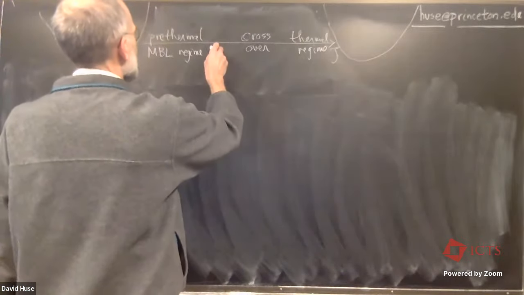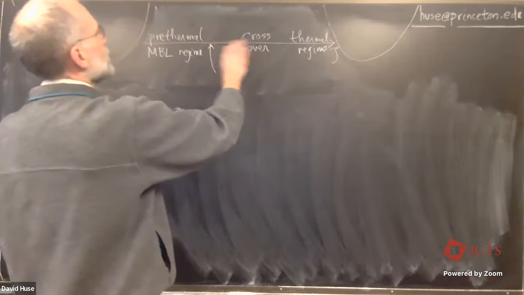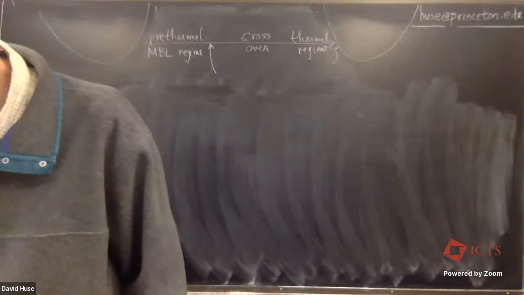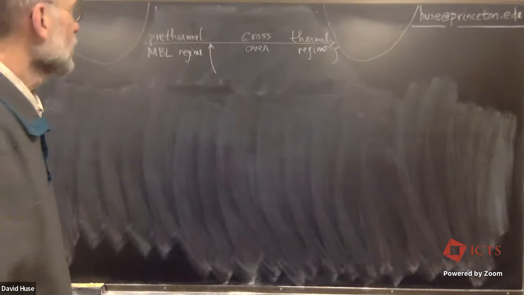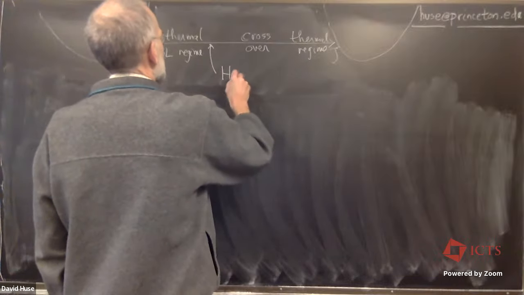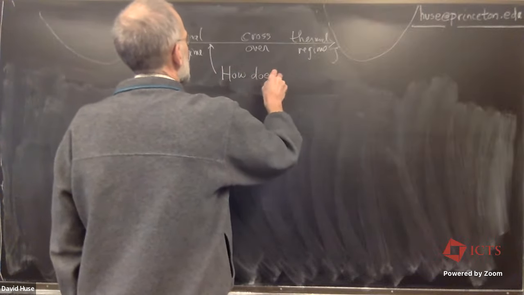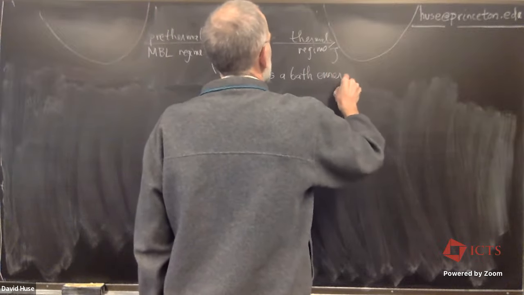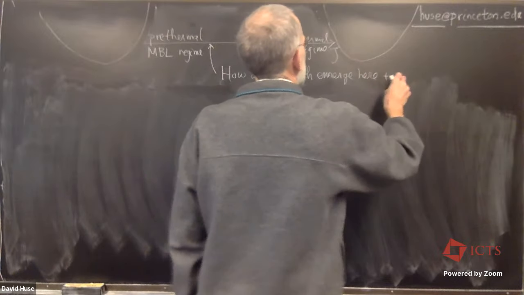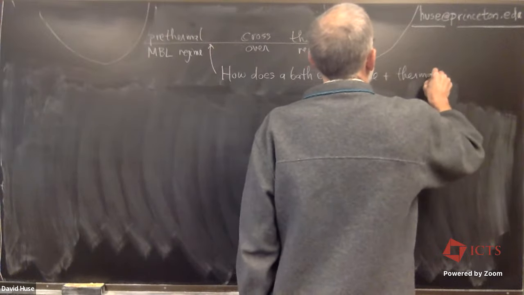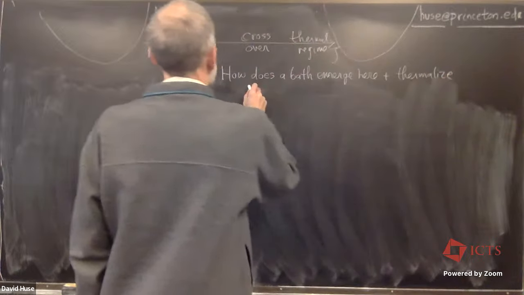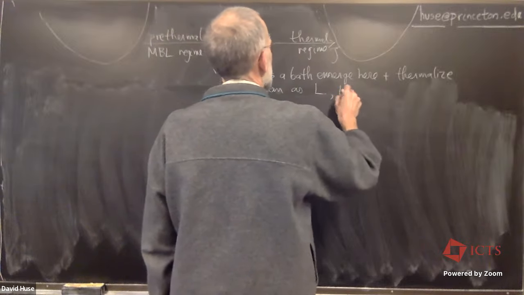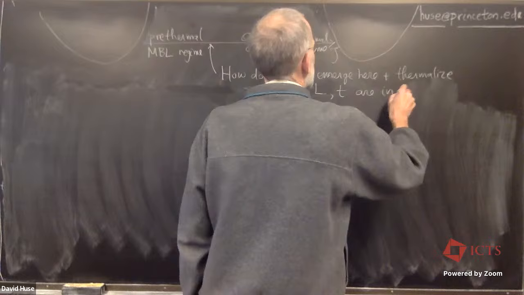And the way I would say it is, if we go, let's say here, just a little bit beyond the regime that we've been able to make sense of so far, you can ask the question: how does a bath emerge here and normalize the system as L and T increase?